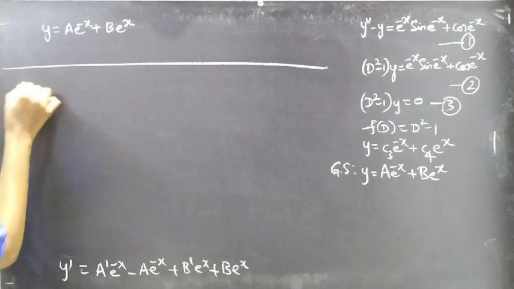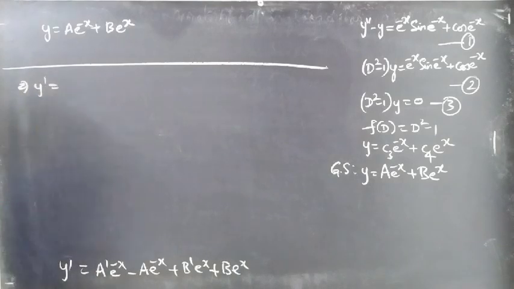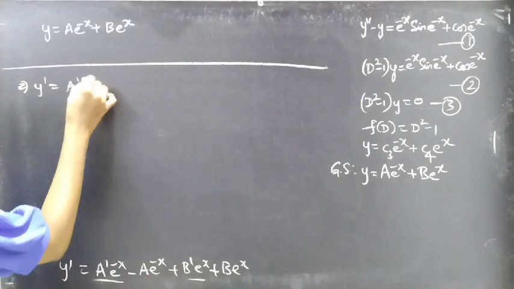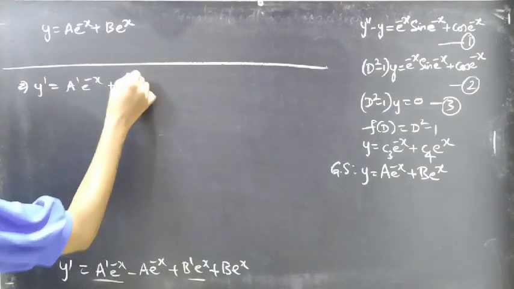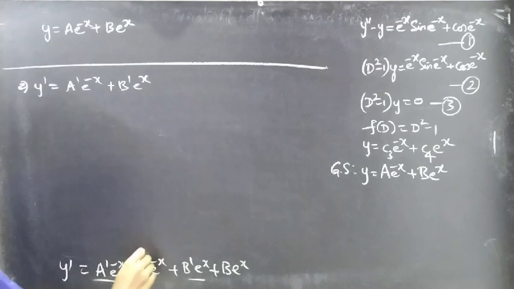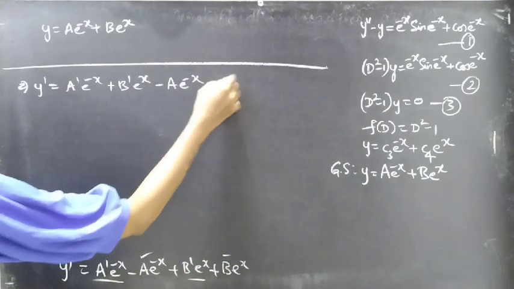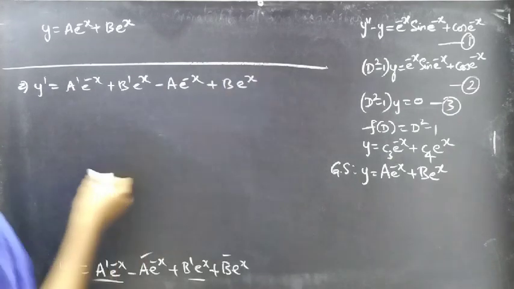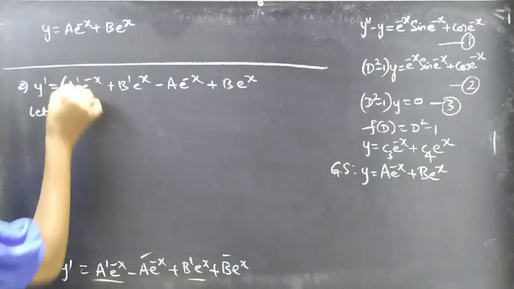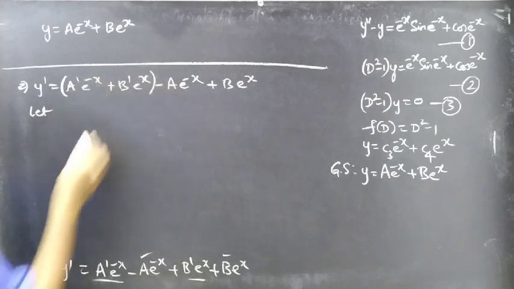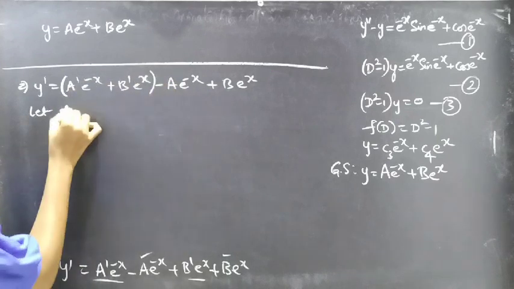Now we can write y dash as, write the terms involving a dash and b dash first: a' e^(-x) plus b' e^x. Now write the remaining terms: minus a e^(-x) plus b e^x. Let a' e^(-x) plus b' e^x be 0.